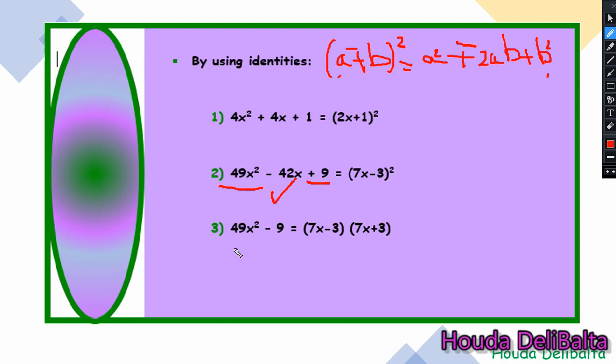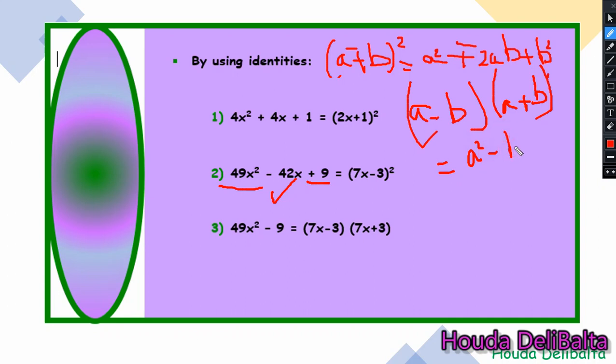And finally here is factorization using the last identity, which is the difference between two squares, which is a minus b into a plus b, that gives a squared minus b squared.